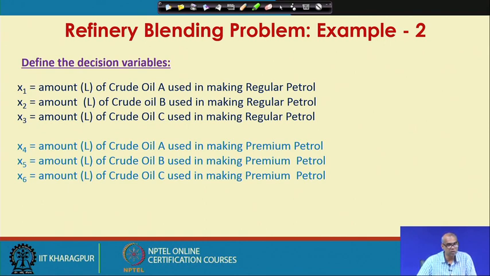So, let x1 equal the amount of crude oil A, x2 the amount of crude oil B and x3 the amount of crude oil C that we will mix together to make regular petrol. Similarly, x4 is the amount of crude oil A, x5 the amount of crude oil B and x6 the amount of crude oil C that we will blend in making premium petrol.